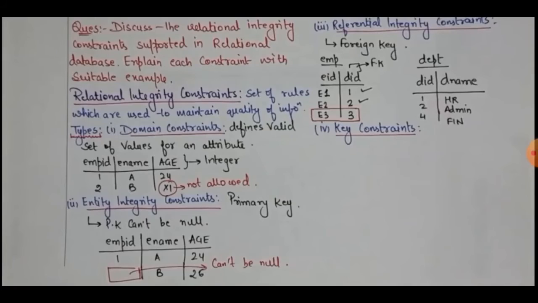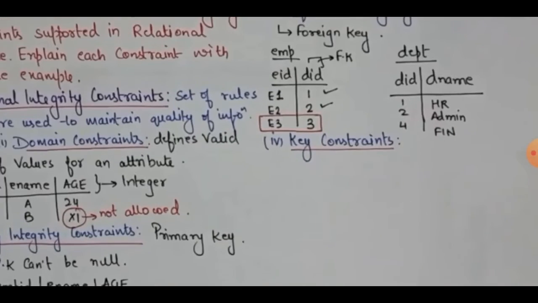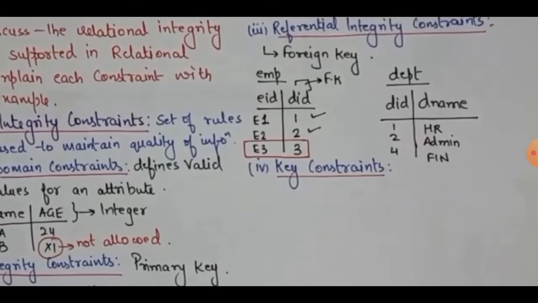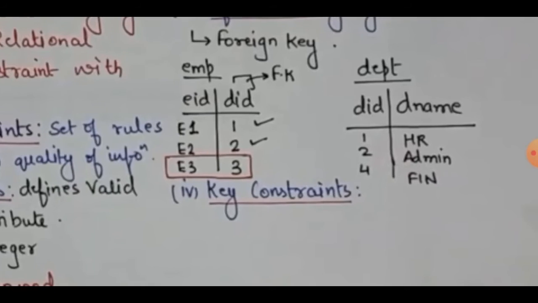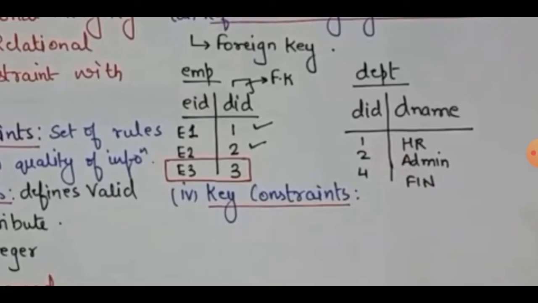So now we are going to talk about the referential integrity constraint. As we have discussed, the entity integrity constraint belongs to the primary key. Here, in the third point, the referential integrity constraint belongs to the foreign key. For example, we have two tables, employee and department. The employee table has employee ID and department ID, and the department table has department ID and department name.